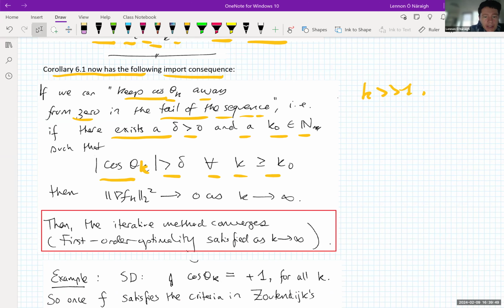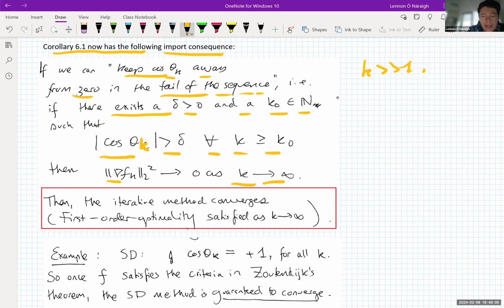If all of this can be made to happen, then the L2 norm of grad f will go to 0 as k goes to infinity. In this limit, we'll have the L2 norm of grad f equals 0, and this is exactly first order optimality. So if we can keep cosine theta k away from 0, then we get the first order optimality condition in the limit as k goes to infinity.